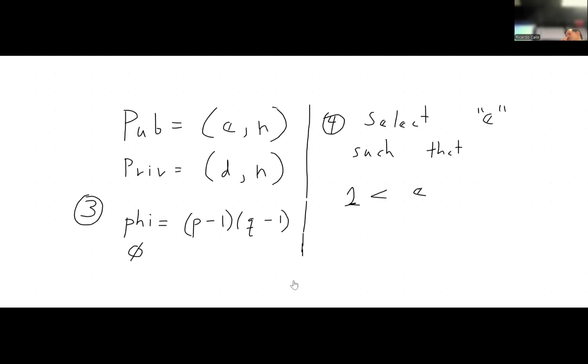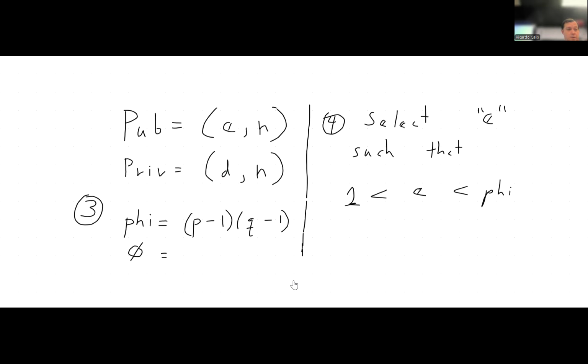For this to work out, the math has to meet certain conditions. This is one of them. This is the phi that we calculated here, so the e exponent needs to be chosen between 1 and phi.